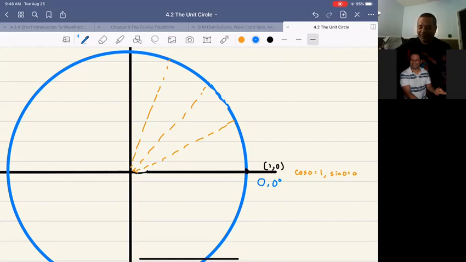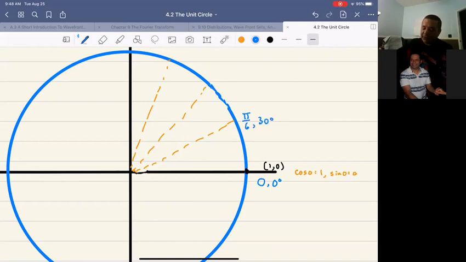Okay, it's been repaired. The next angle that we have is 30 degrees, or we might say pi over 6. Let me put the angle in. So pi over 6, or 30 degrees.